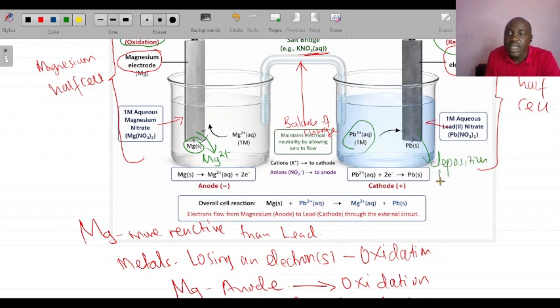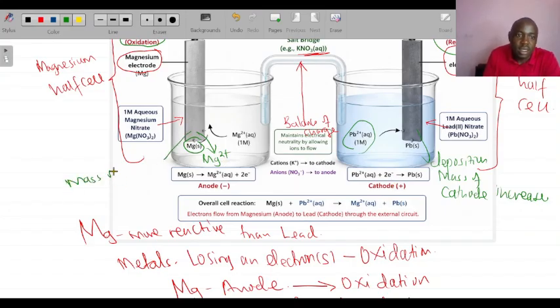In other words, the mass of our cathode is supposed to increase, whereas the mass of the anode is supposed to decrease, because more magnesium goes into the solution while the lead is being deposited at the cathode.